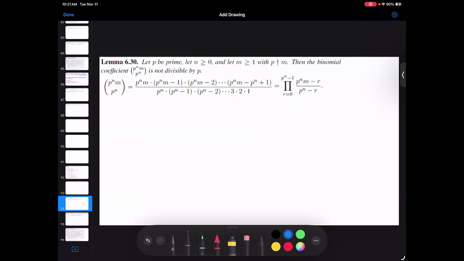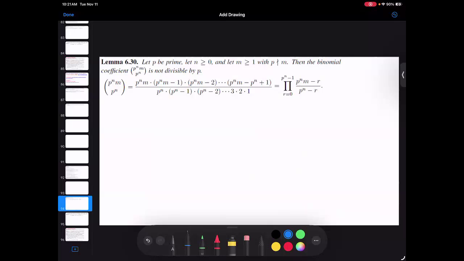So there's a couple of ways to do this. Any thoughts about how you could prove this? So it's got the brute force approach right here. And let's just multiply everything out.